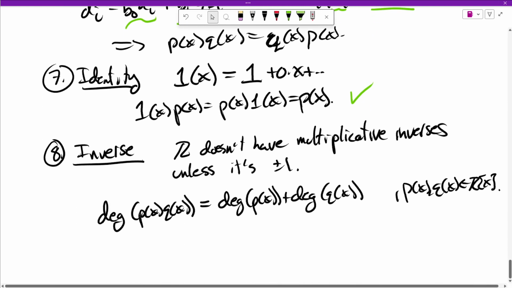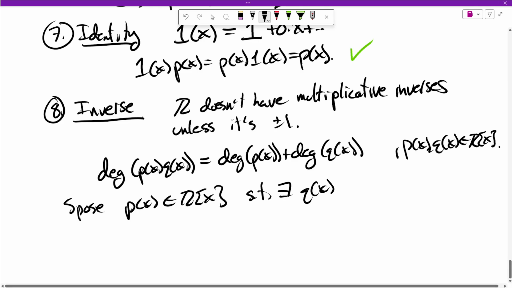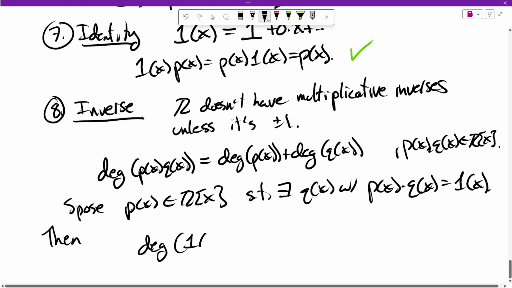All right. Suppose you had some p of x in Z adjoin x such that there exists a q of x with p times q equal to the polynomial 1. Well, then you could compute the degree of 1 in two different ways.